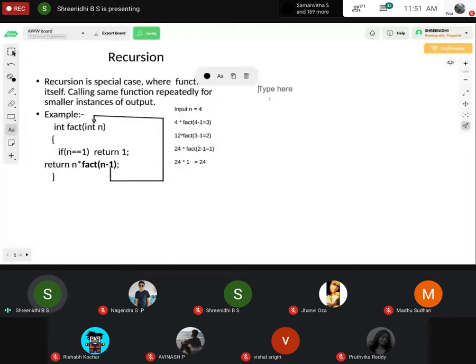Yeah. So now we'll see, for example, 3 factorial. The 3 factorial will be 3 into 2 into 1, which is equal to 6. 6 will be the answer. So for this, I would write a recursive function.